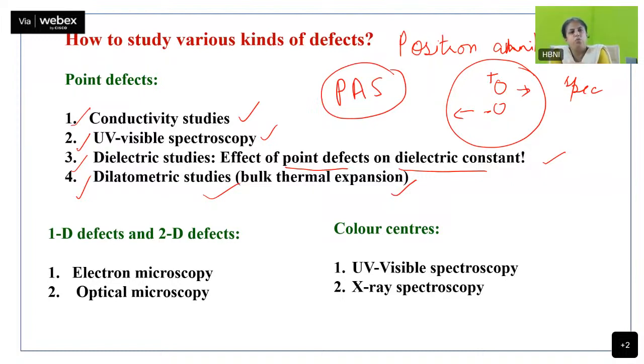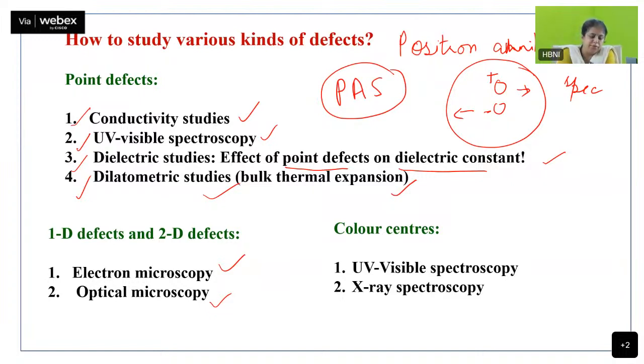Okay, 1D, 2D, and 3D defects: the good thing about them is that you can observe them, since they are not just a point. Depending on how big they are, if they're very small, you can use electron microscopy, or if they're like a twin boundary, we talked about the twin region, or the 3D defects, you can observe them even by optical microscopy.